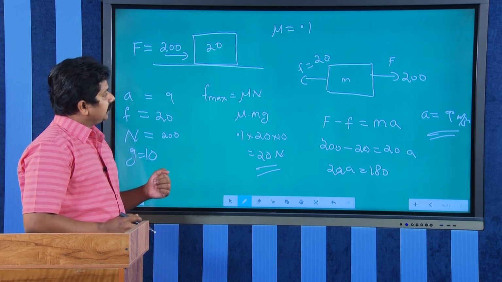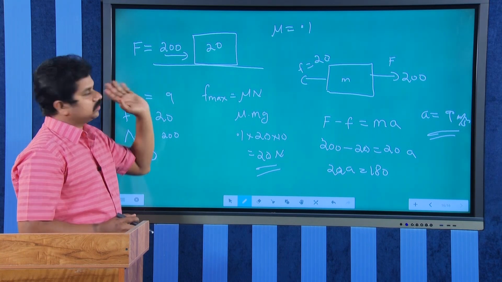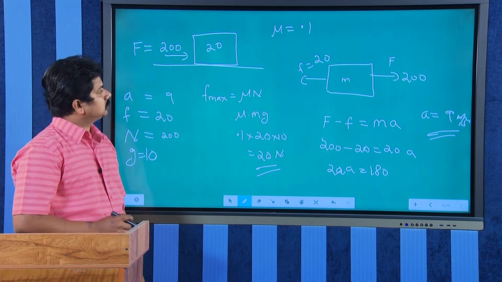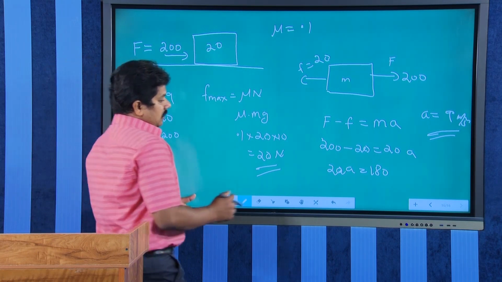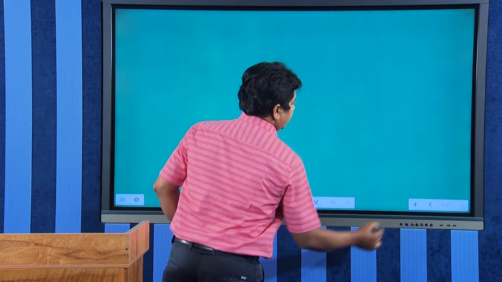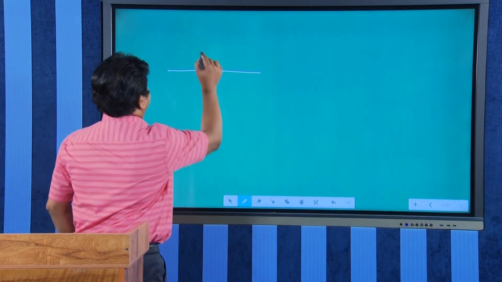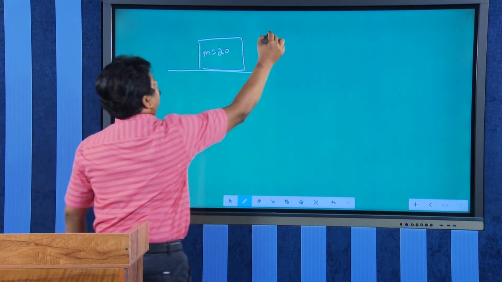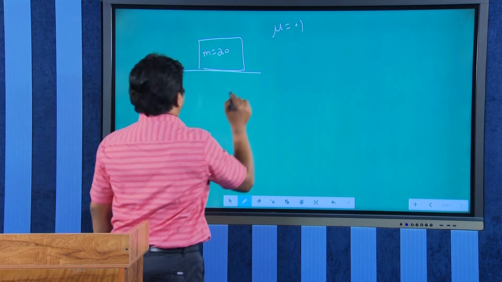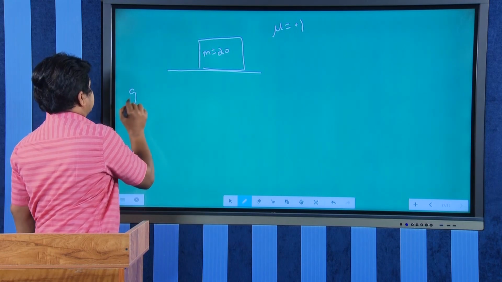So, in this case we took applied force 200. Suppose the same problem, if the applied force was only 10 Newton, we can analyze in different ways. So, mass is 20 itself, mu equal to 0.1, take g equal to 10.